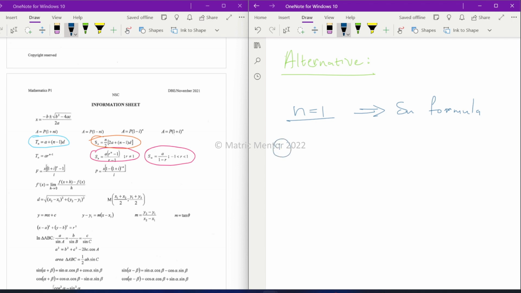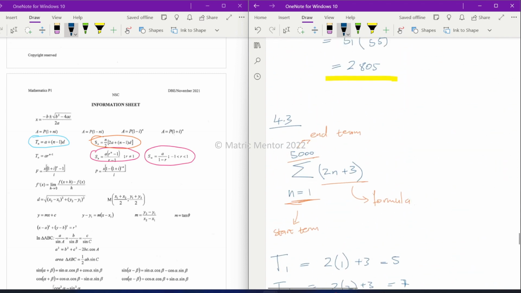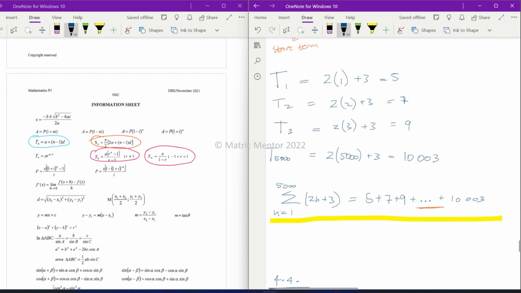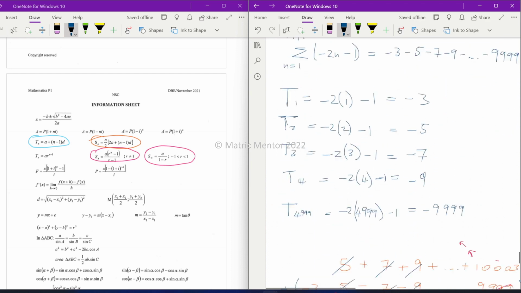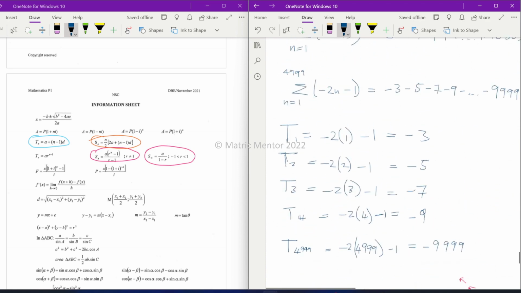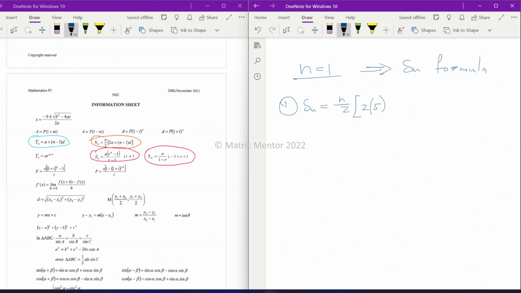So the first one is Sn equals n over 2 times, a for our first sum of function is 5, and then the d is plus 2, so it's going to be 5 plus n minus 1 times 2.